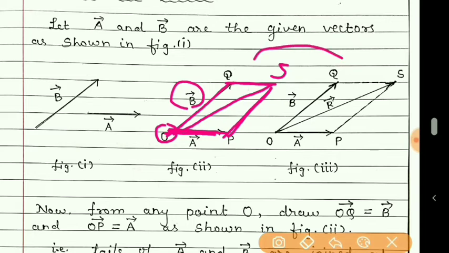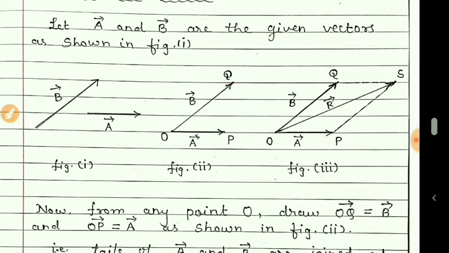You can see this new figure. So in this way we get the resultant vector R, obtained by addition of vector A and vector B by forming a parallelogram.